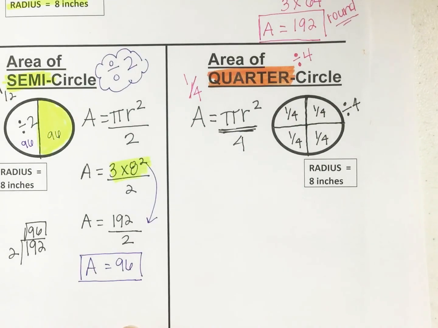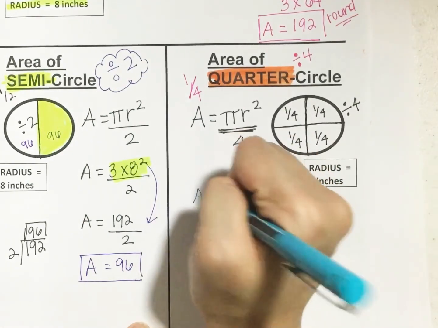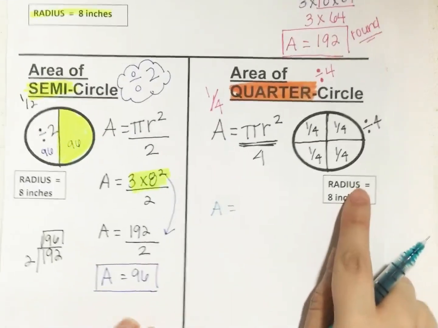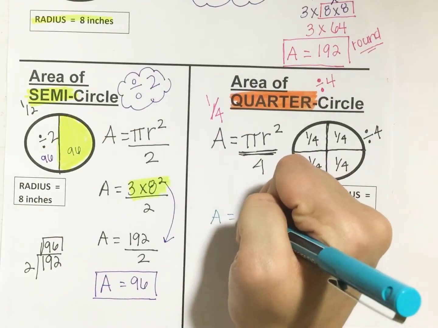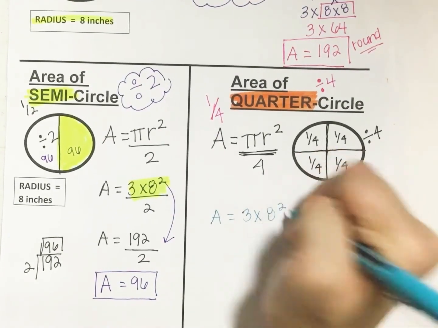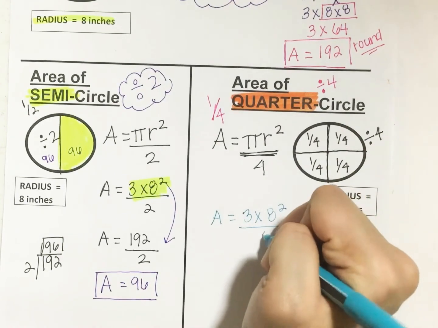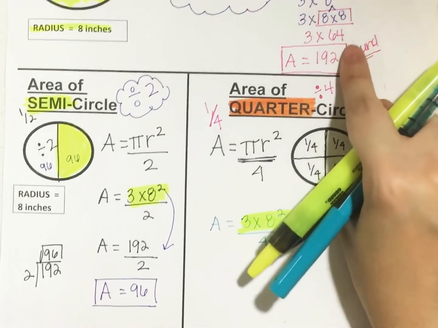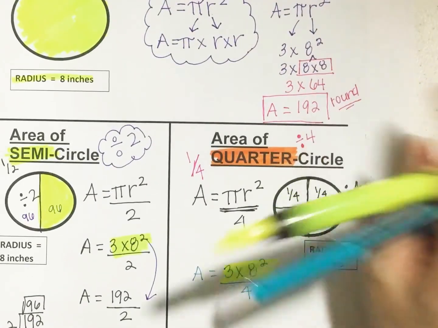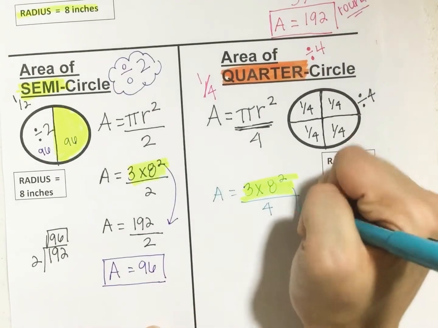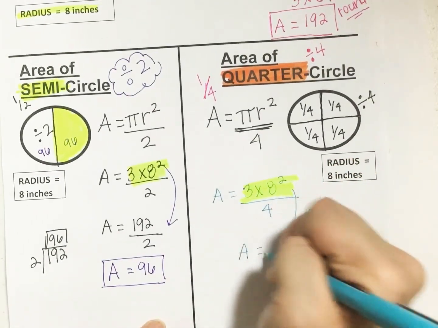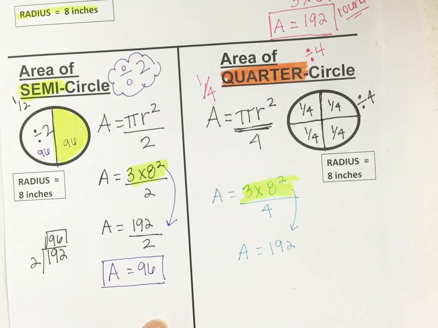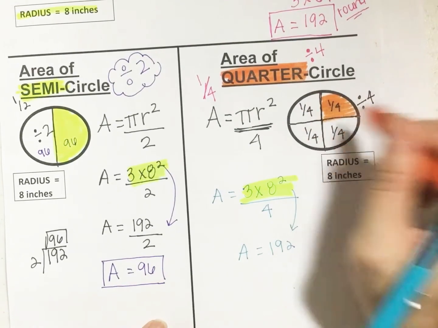Like I had already done the math for the same circle over here at the top, it has the same radius. So 3 times 8 to the second power divided by 4. 3 times 8 to the second power is this part, which gave me 192. 192 is a full circle, but I want 1/4 of it.